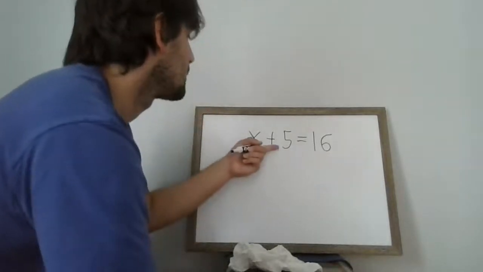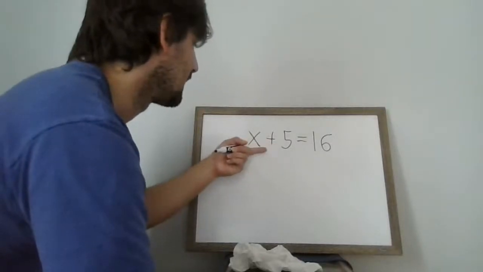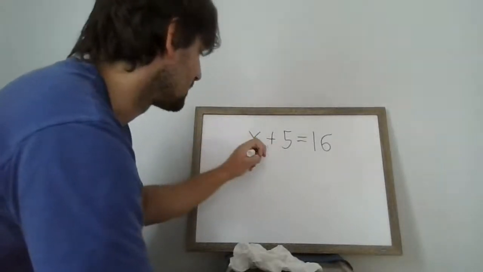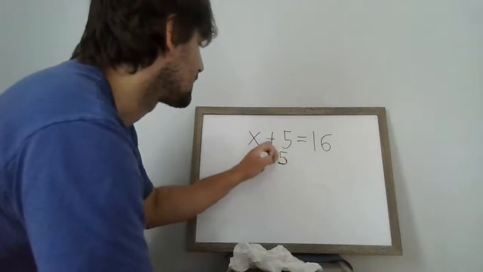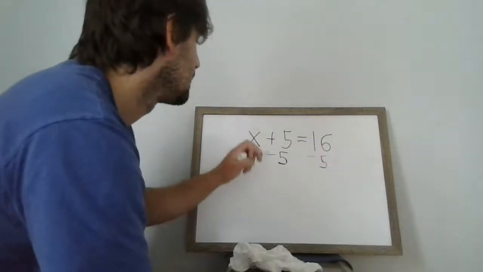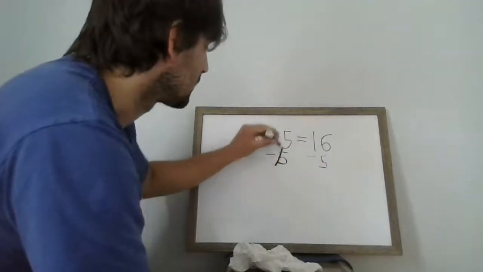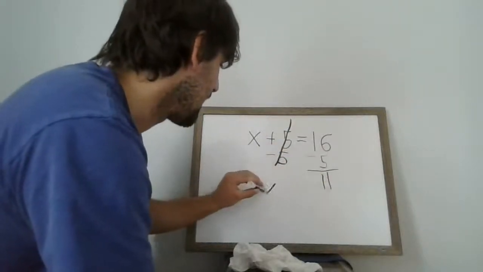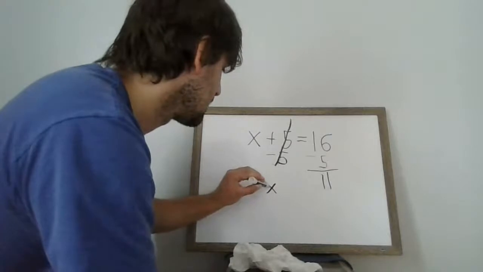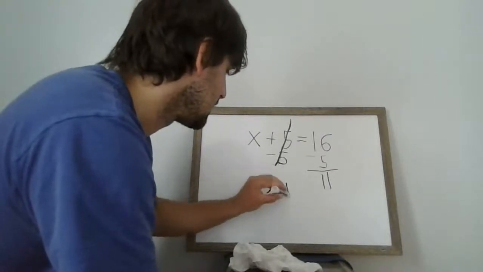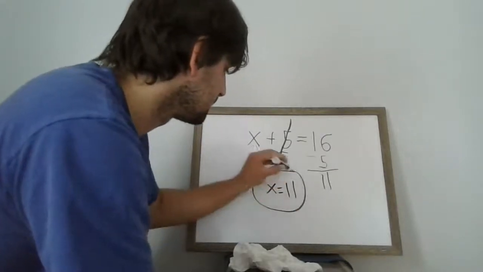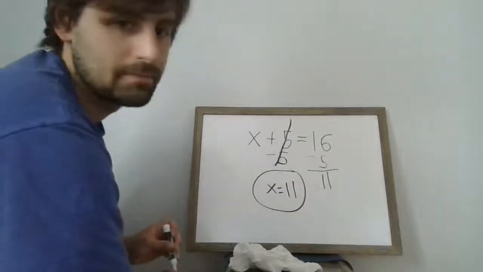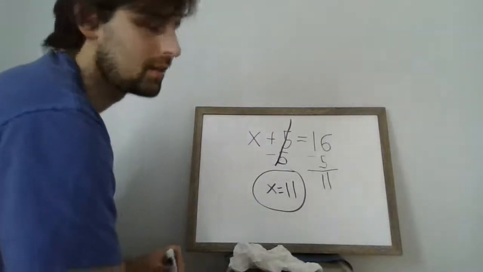Since the operation for this problem is addition, we're doing x plus 5, we have to subtract 5 to get the 5 on the other side of the equal sign. So we cross cancel. 16 minus 5 equals 11. x equals 11. And that is our answer.